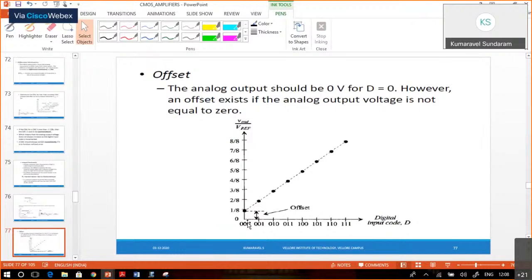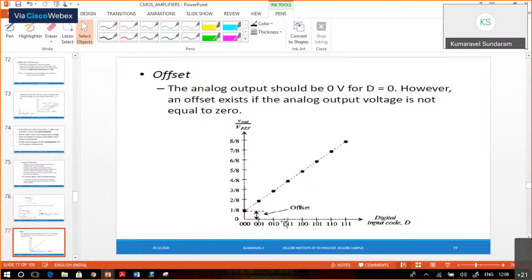Offset, if you have it due to analog components: for 000, we expect 0 as the analog value, but we are getting some value like 1 by 8. That value is termed as offset. For a digital input of 000, the analog value should be 0, but there is an offset in the analog output voltage.